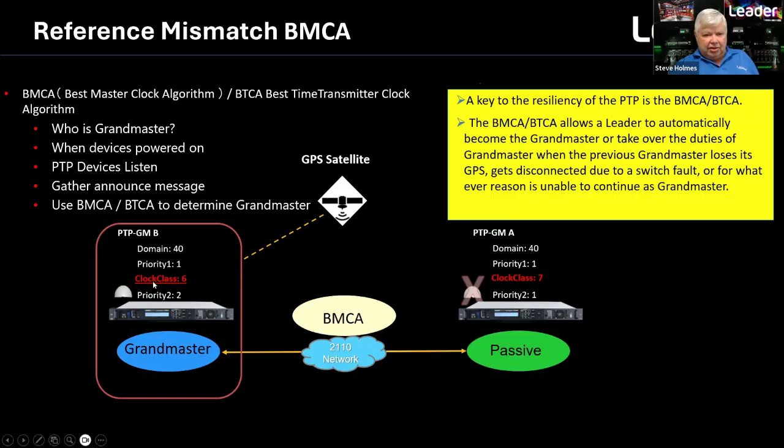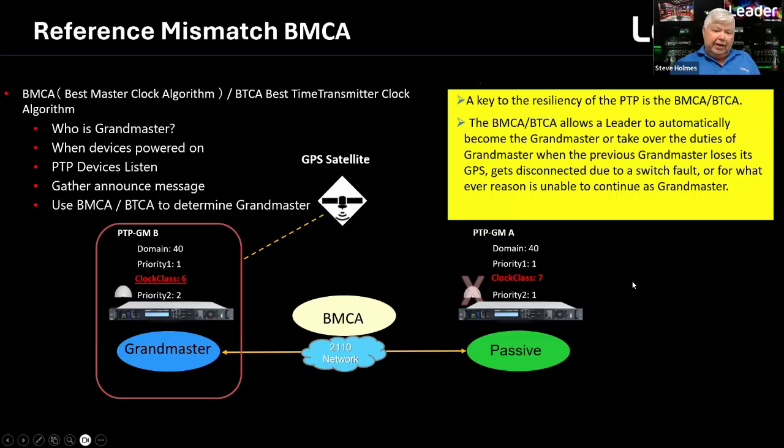And since clock class sits above the priorities here, the second generator will automatically become the grandmaster, and tell the generator on the right, in this case, to go passive because it is a worse clock source than the one on the left.